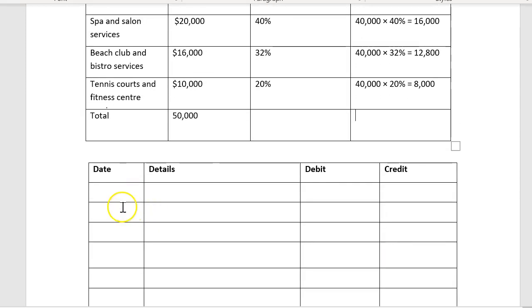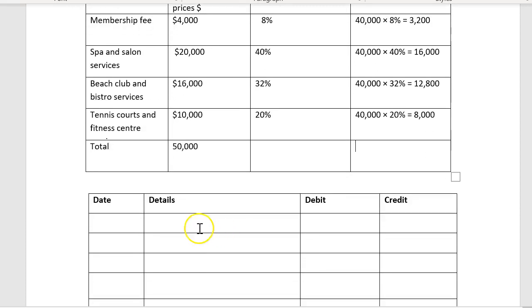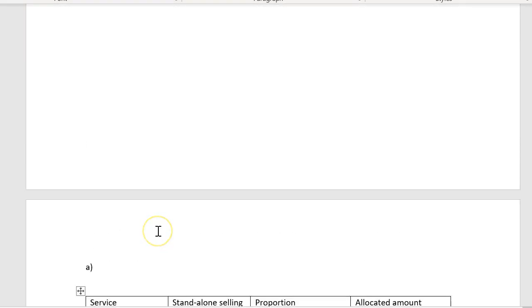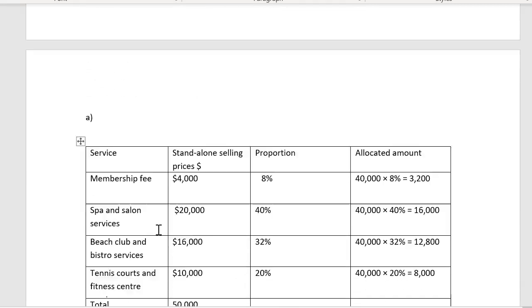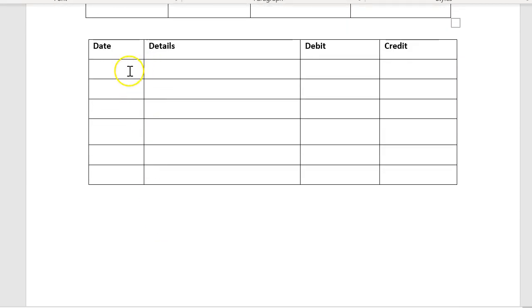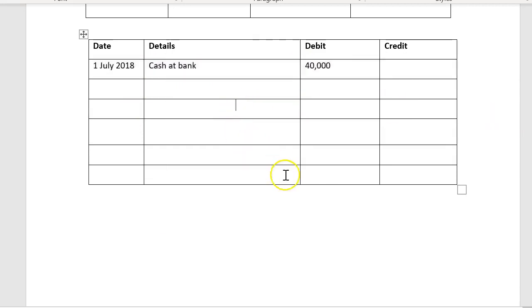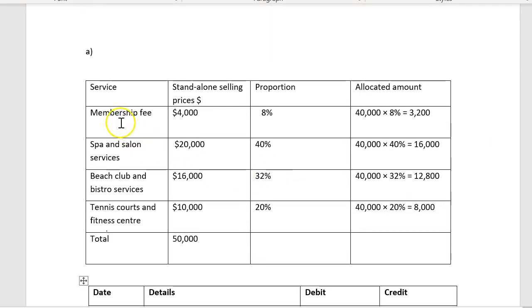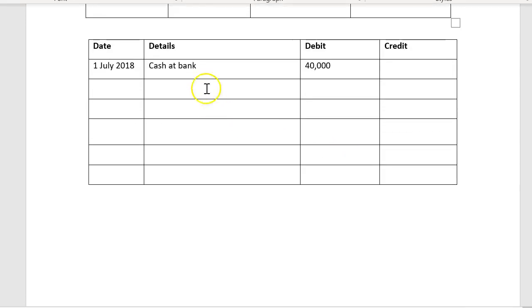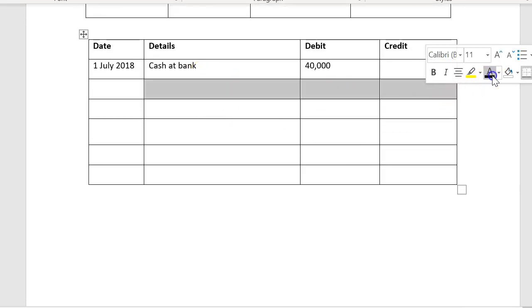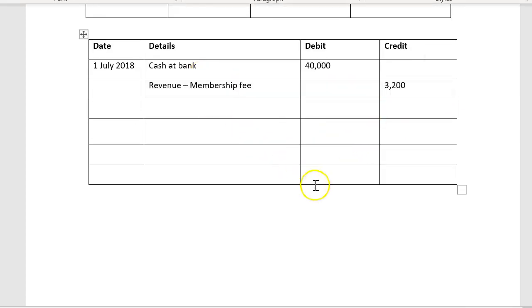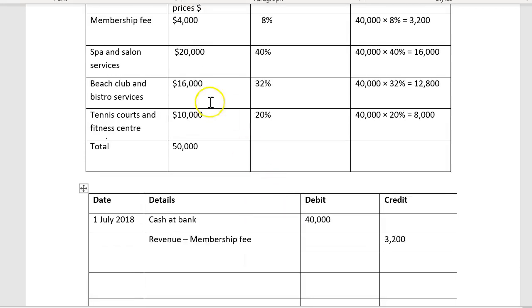When the business receives cash on 1st of July 2018, you debit cash at bank 40,000. At the inception of the contract, they can recognize the membership fee as revenue. It's $3,200 as revenue, so you credit membership fee revenue 3,200.